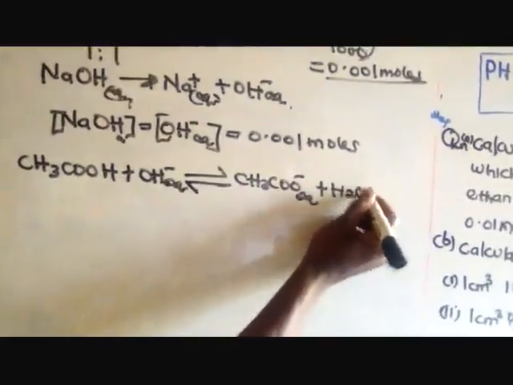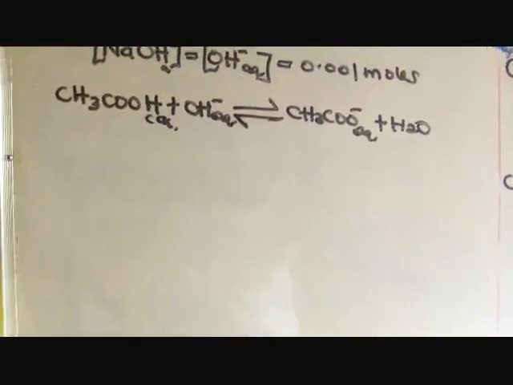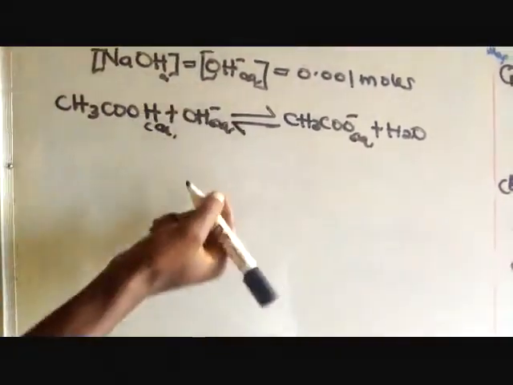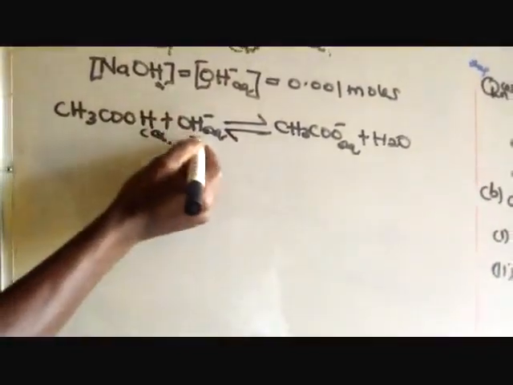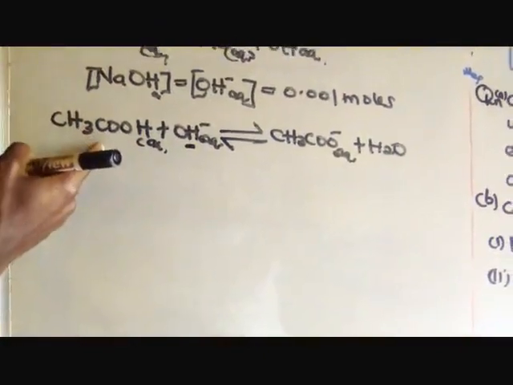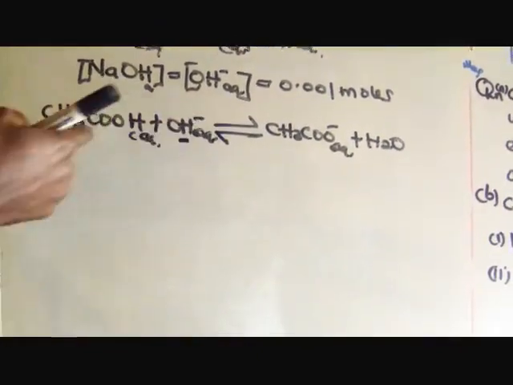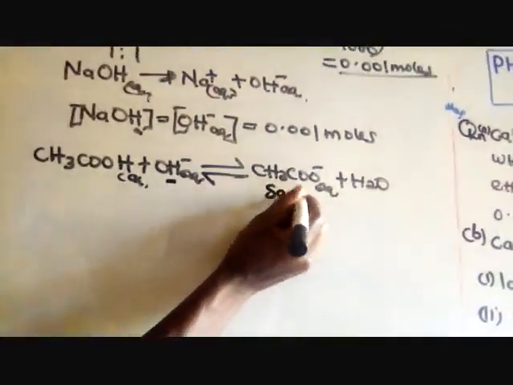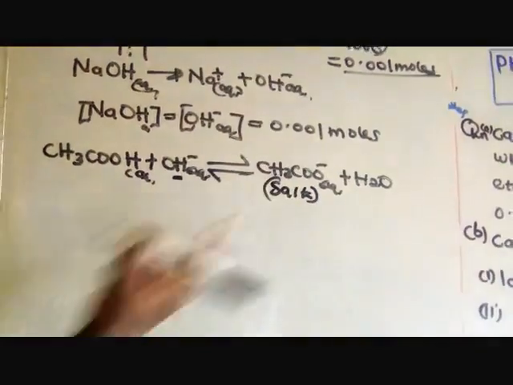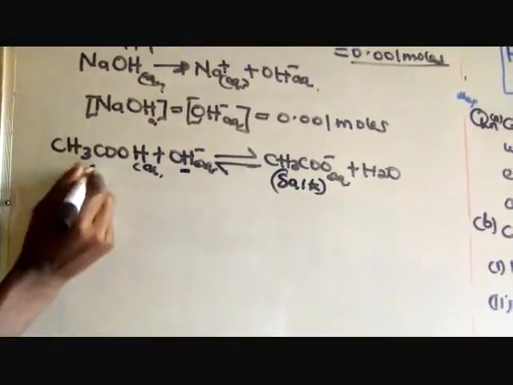So what we are seeing here is that addition of the hydroxyl ions is going to reduce the concentration of ethanoic acid, because we see hydroxyl ions combining with this one to form more ethanoate ions. More ethanoate ions, remember, these ones are the ones giving us the salt. And this is our acid.